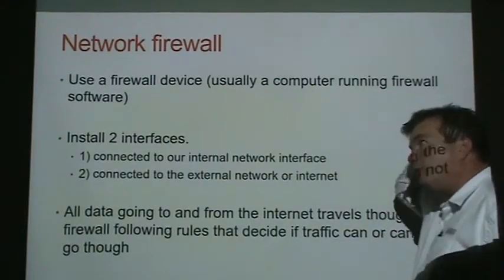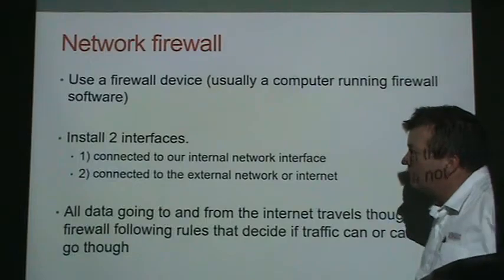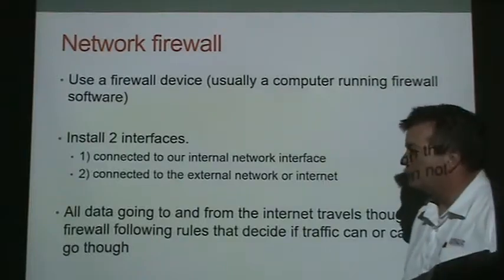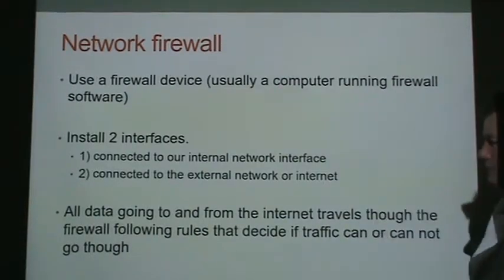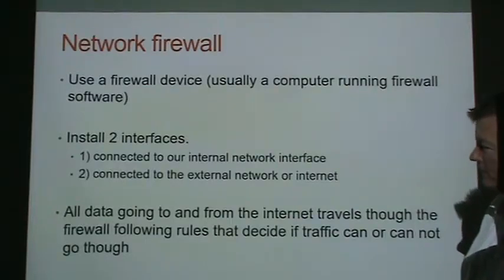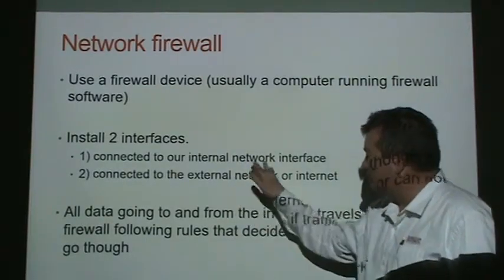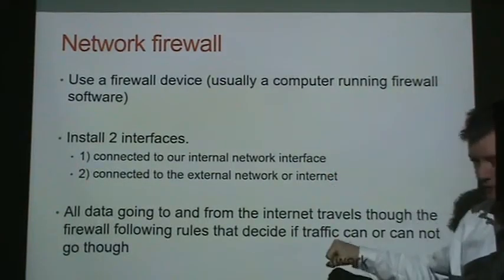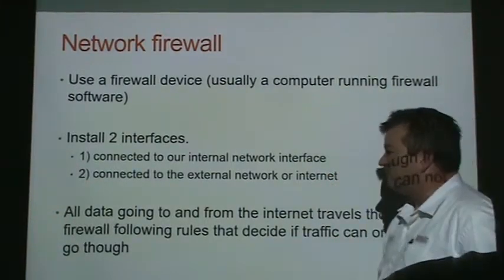On a network firewall, we use a firewall device, usually a computer running some software on it. We could implement them in hardware, but it's usually software because we're doing lookups on tables. And we install two interfaces. We connect our internal network as an interface, and then we connect the external interface. They both get connected into the firewall.